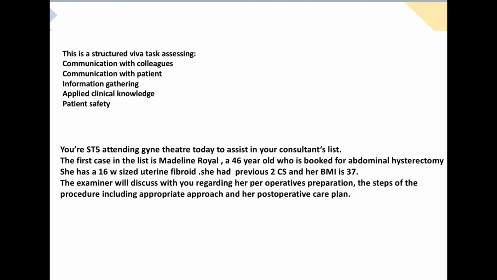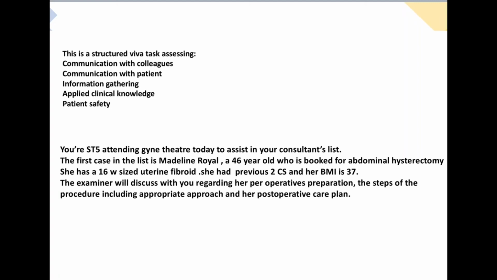It's either Pfannenstiel or Joel-Cohen, and that's the same incision we use when we are doing a C-section. The advantage of low transverse incision is that it is low risk for scar dehiscence, less post-operative pain, and early recovery. It's better cosmetically than the other one, and it has a good healing chance.